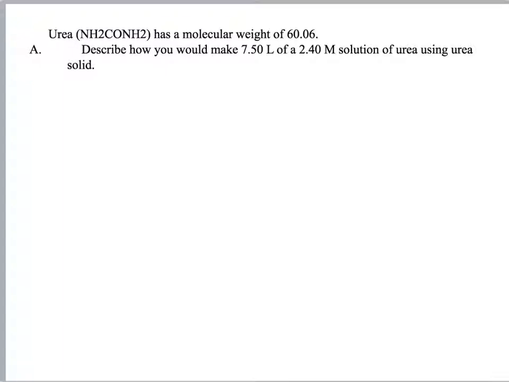Whenever you are making a solution of known molar concentration, the first question is, how many moles of the solute do you need? So to find out how many moles of urea we need, we start with our solution. We want to end up with a solution that has 2.40 moles of urea per liter of solution.